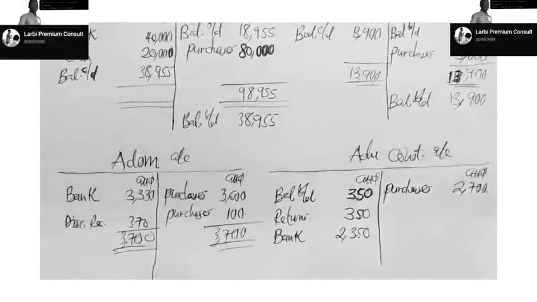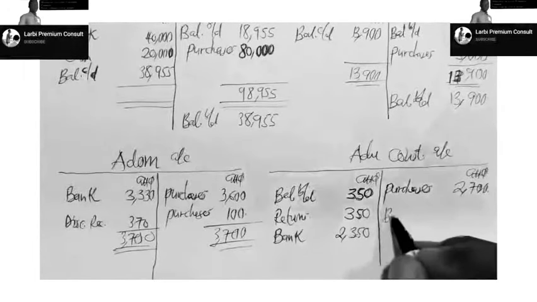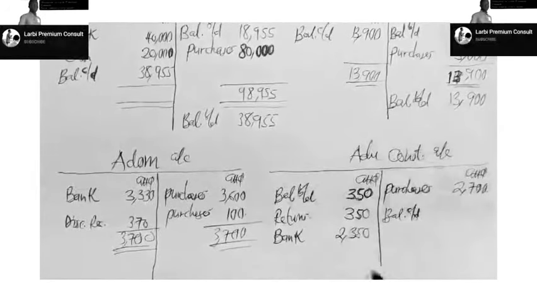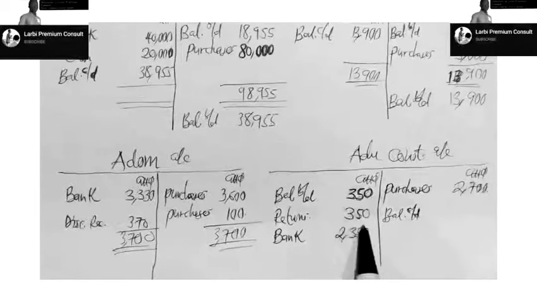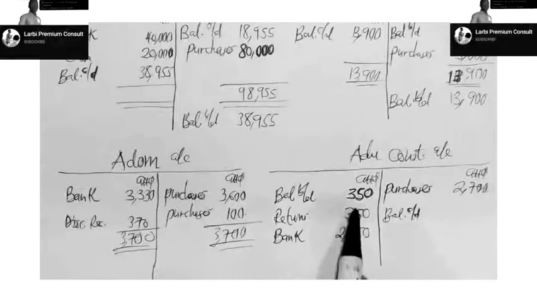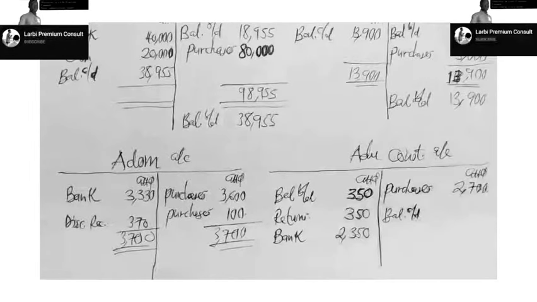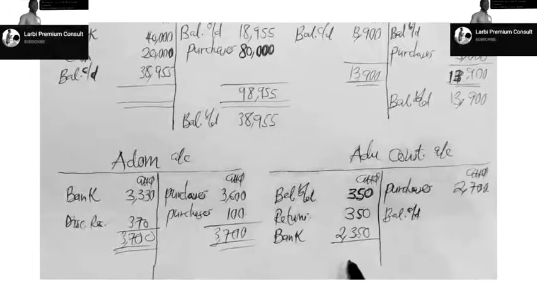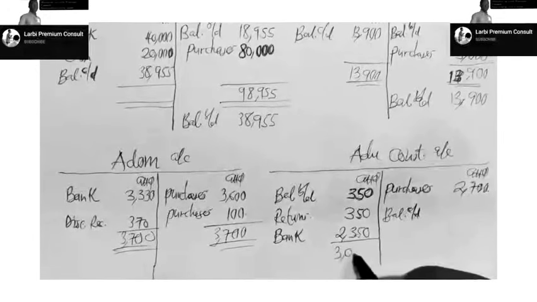So we do the same for Edu construction too. The balance will be here. Balance carry down. So let's total. For the figures you can see here is 350, 350 will give you 700, isn't it? So 700 plus 2,750 is greater than 2,700, right? When I add the debit side of Edu, I had 3,050.